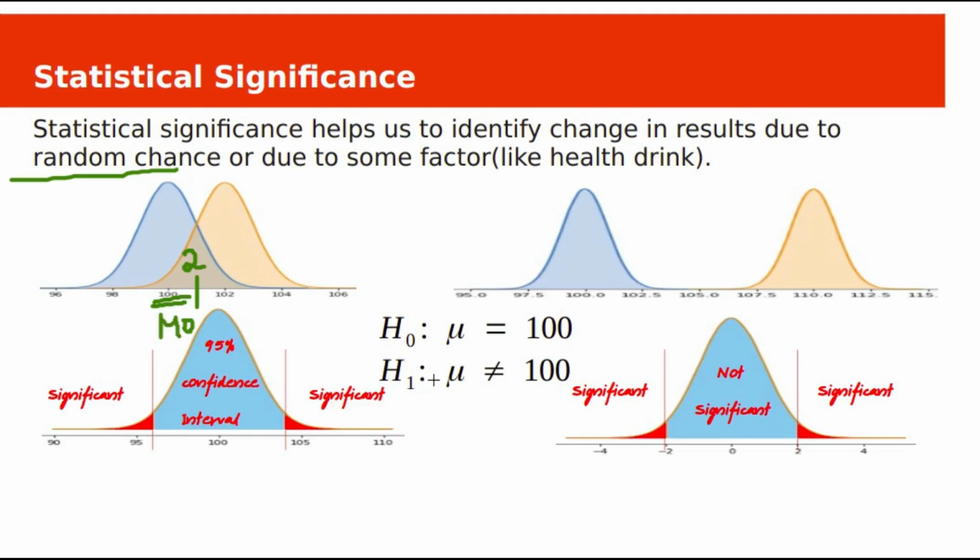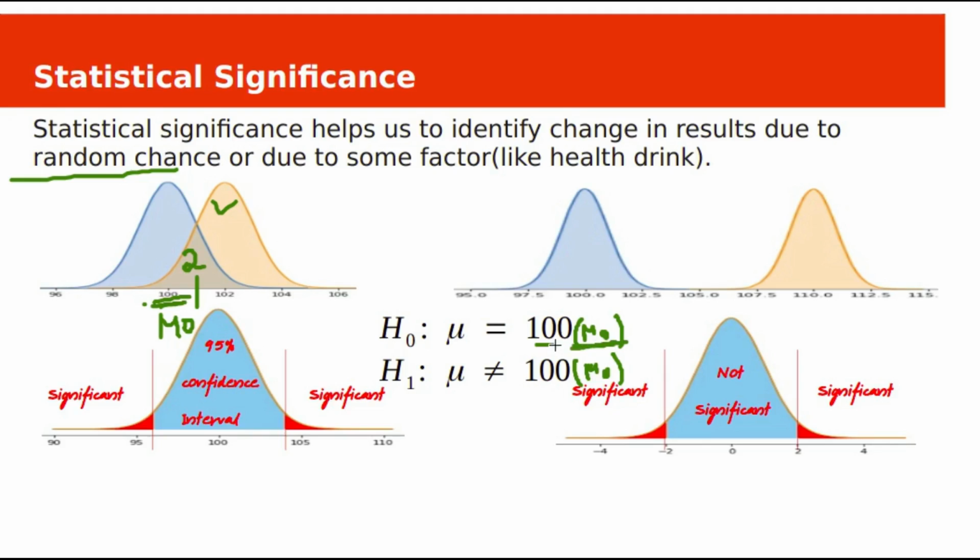We need to find whether the average height of this test group of children who were given the health drink is different from this 100 centimeters. For this statement, if we form our null and alternate hypotheses, here the null hypothesis H naught is mu equal to 100. This 100 is the research standard, so let's call it mu naught. This null hypothesis means the average height of the test group is the same as the standard mu naught.